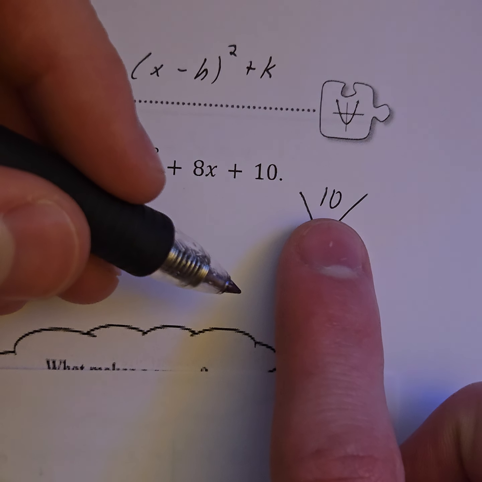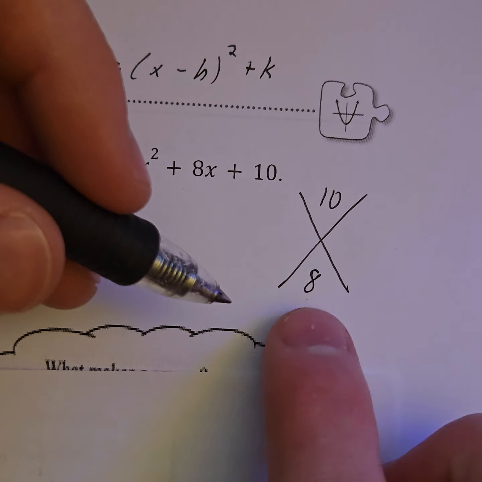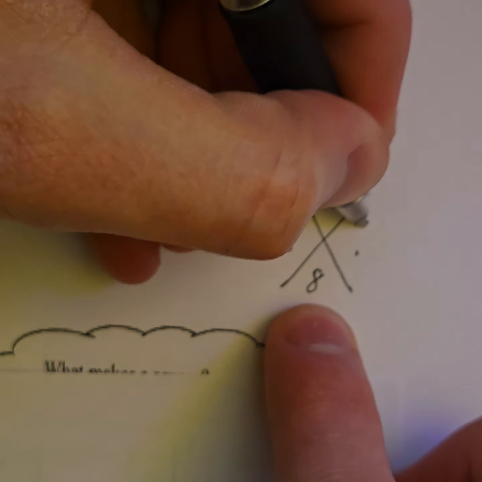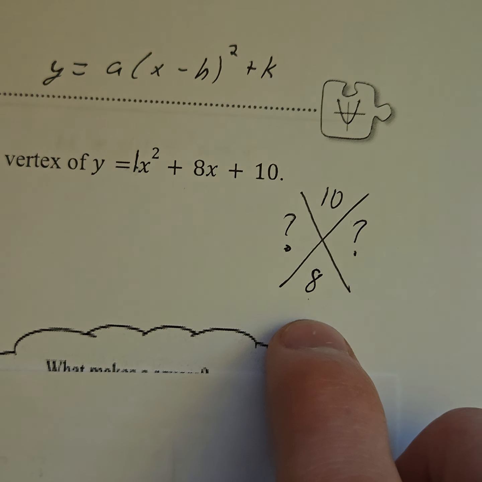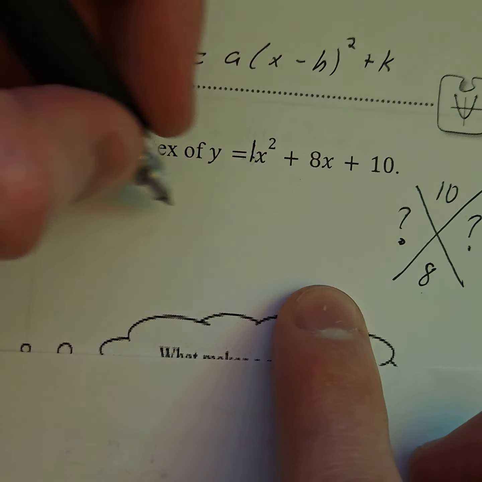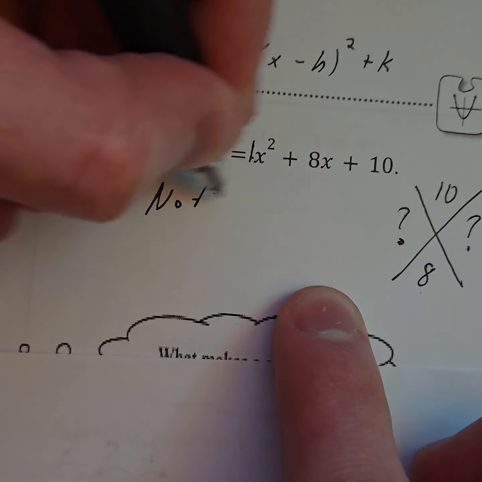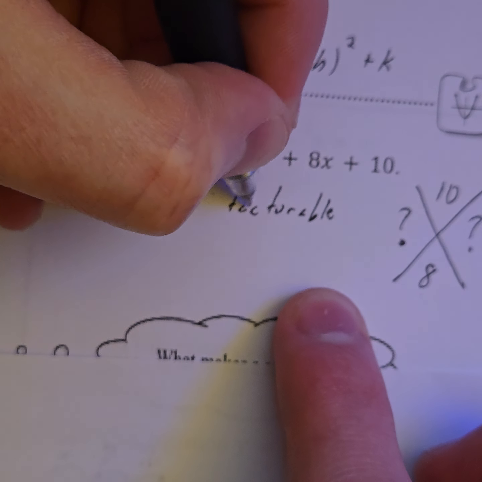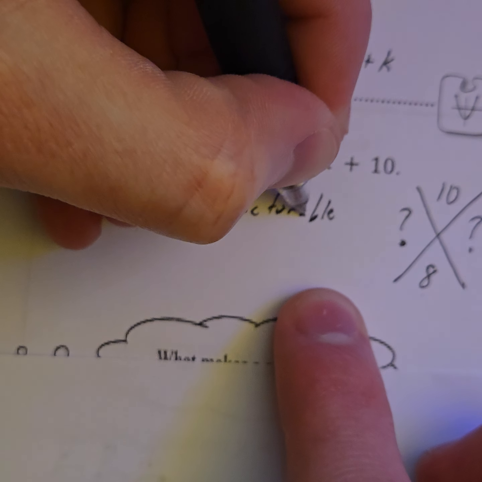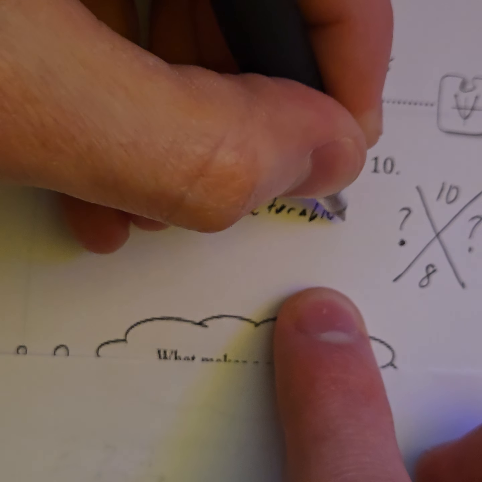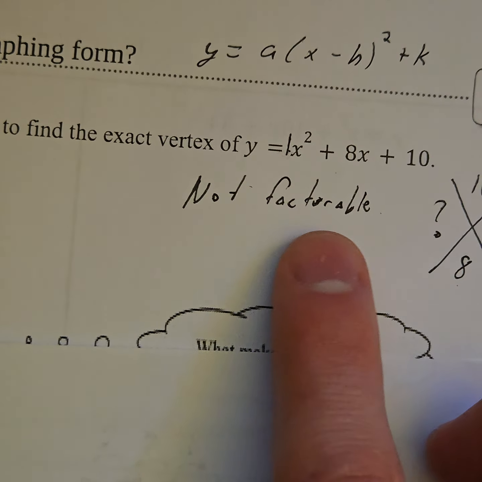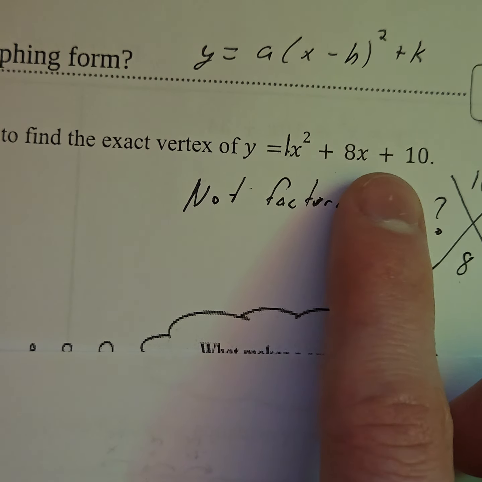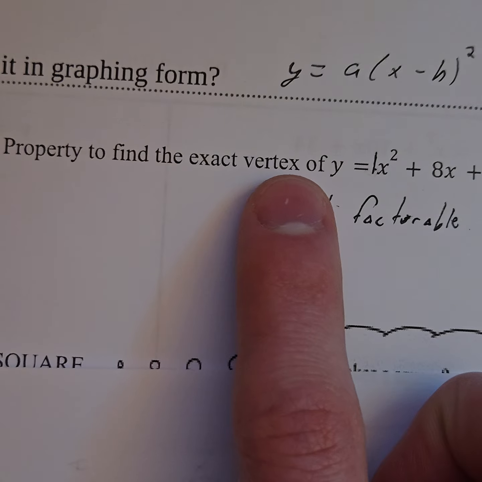And you guys probably noticed two numbers that multiply to 10 and add to 8, you can't do that, can you? There are no two numbers that multiply to 10 and add up to 8. So this is not factorable. If we can't factor this, we can't find our x-intercepts, we can't find the vertex.